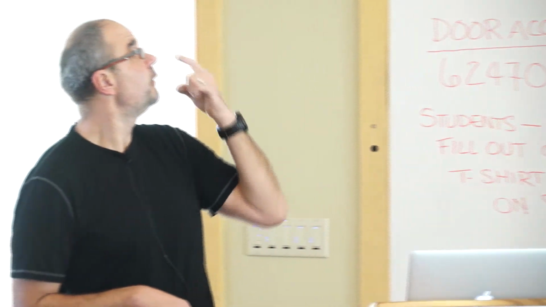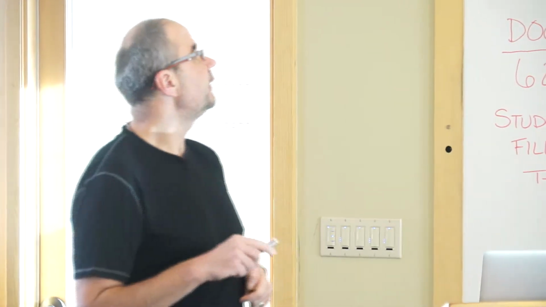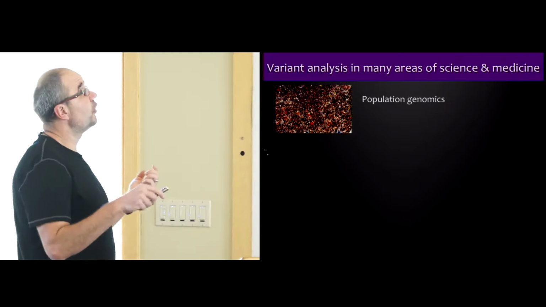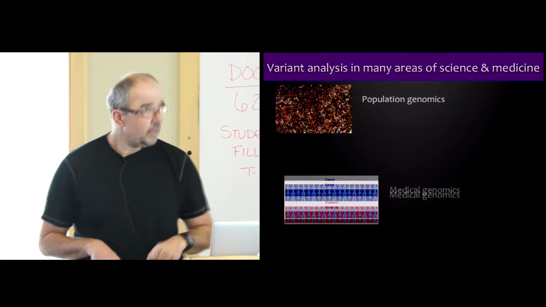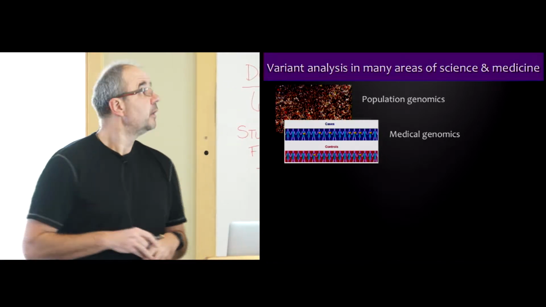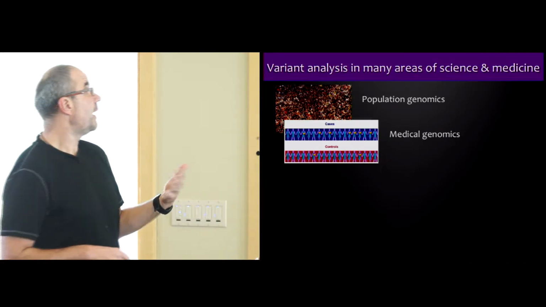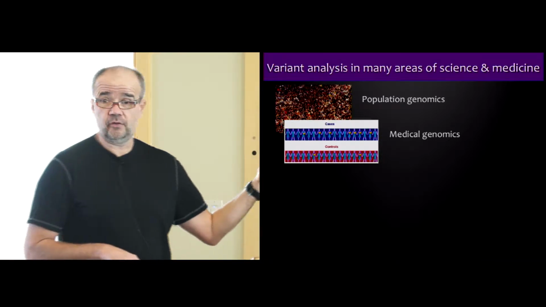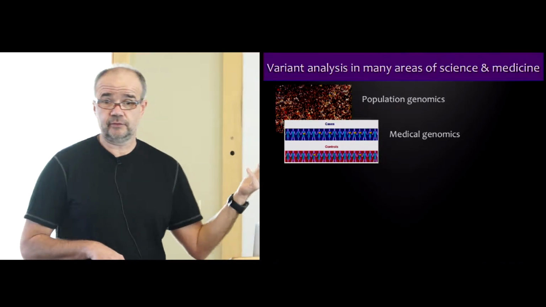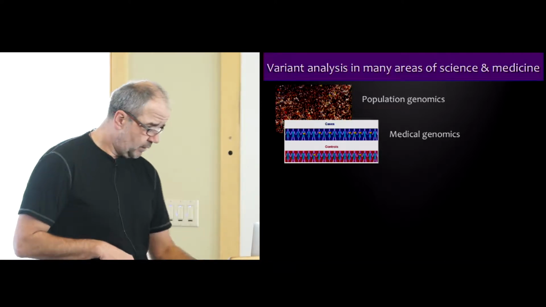So variant analysis is important for very many areas of science and medicine. One, population genomics, understanding how all these people are different from each other. Medical genomics, which in my usage means understanding what genes are involved, for example, in a particular disease, understanding the genetic causes of diseases.